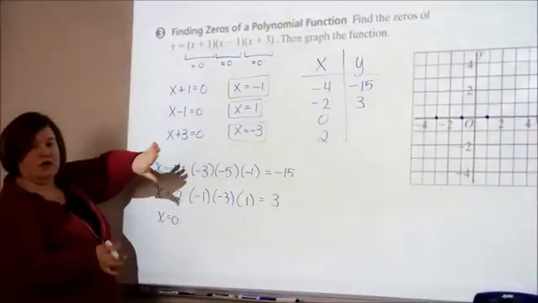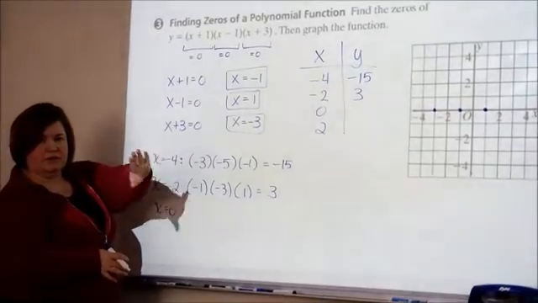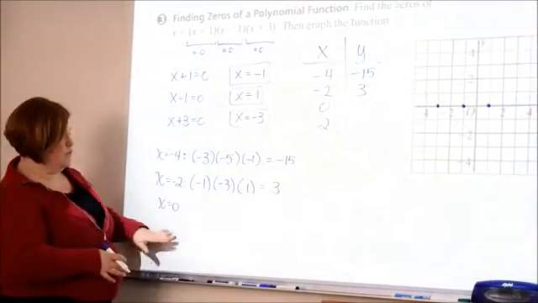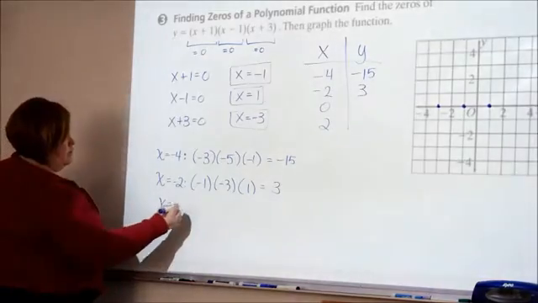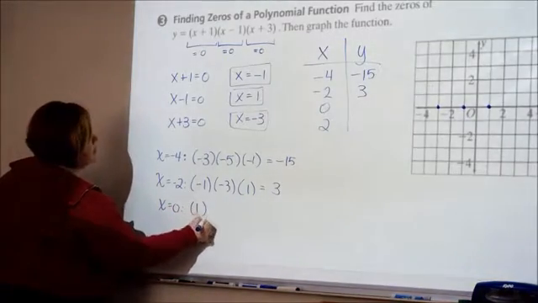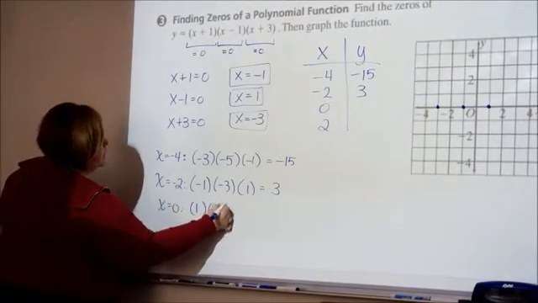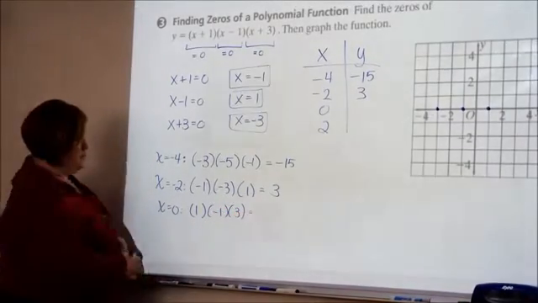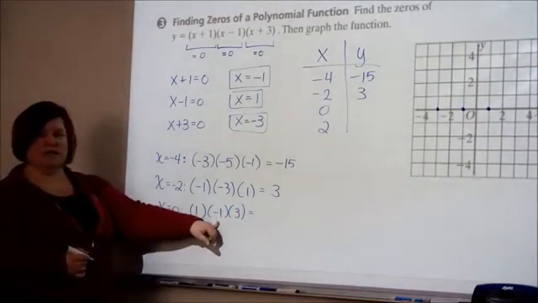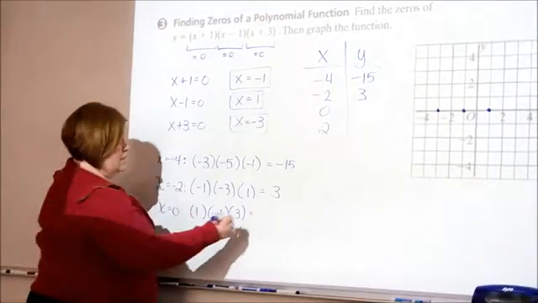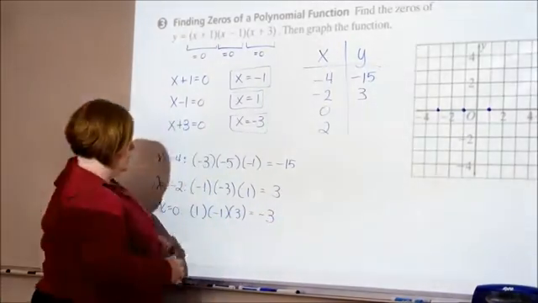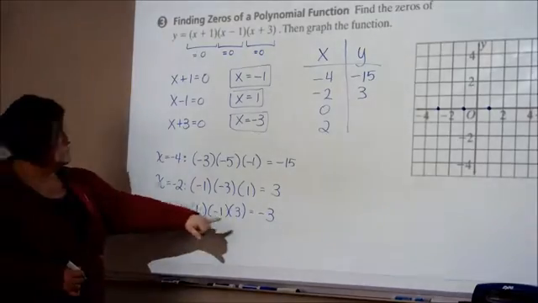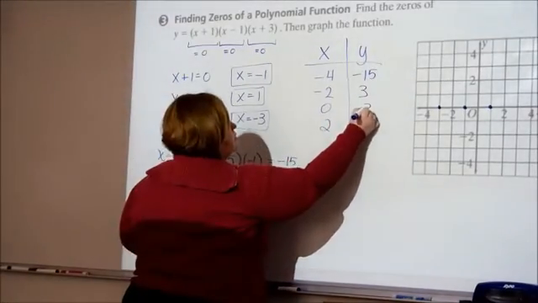Let's do the same thing for x equals 0. If you already know what you're doing, you can go ahead and fast forward, get through this problem, and then we'll go to the next thing. So 0 plus 1 is 1, 0 minus 1 is -1, and 0 plus 3 is 3. 1 times -1 is -1, times 3 is -3. So when I put in a 0, I got out a -3.